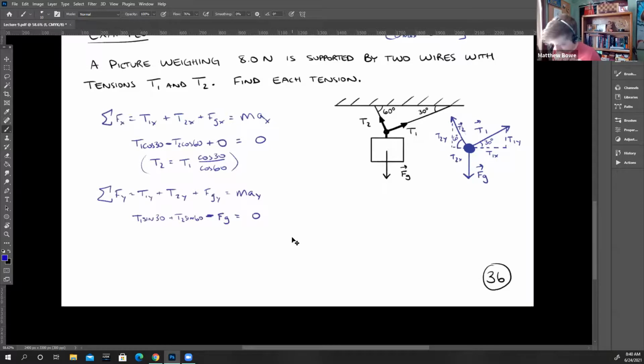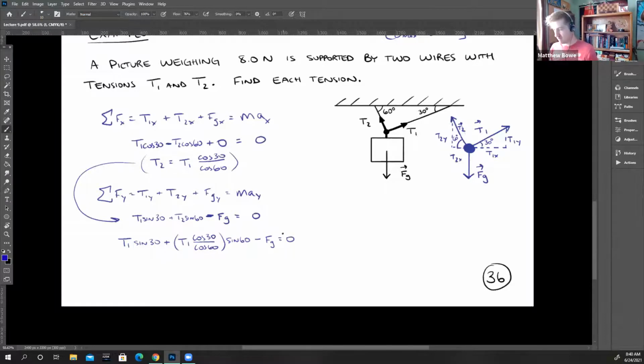I need room over there, so I'm going to solve for it and put it in that equation. Okay, so we have T1 times sine of 30 plus T1 cosine of 30 over cosine of 60 times that sine of 60 still, minus the force due to gravity equals 0.